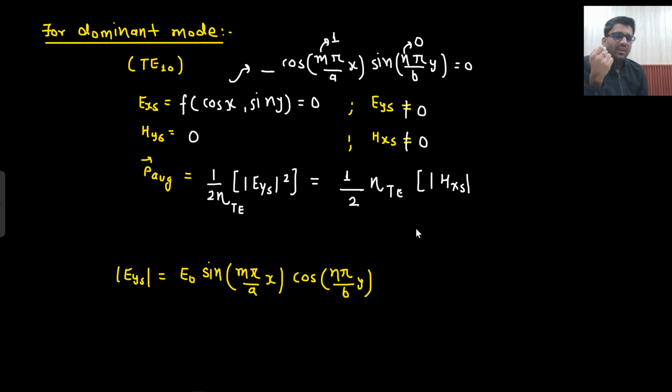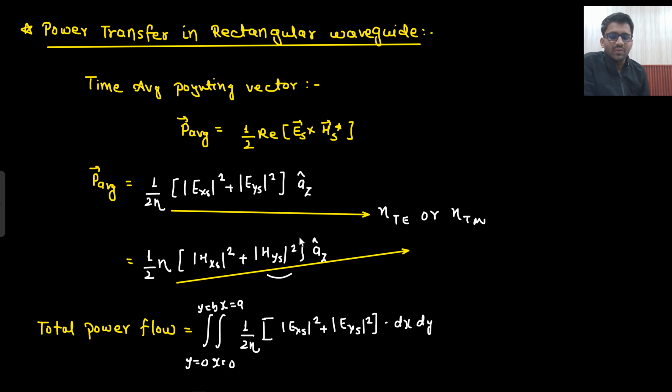So 1 by 2 eta TE, and only the HX expression is there, so HX square, because this term is gone. Which term is gone? Here HY is gone and here EX is gone.